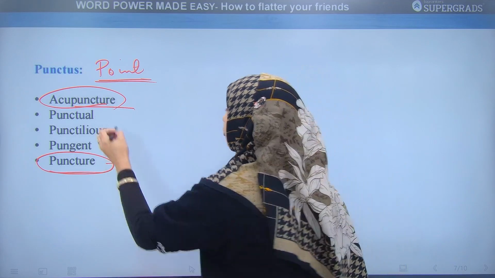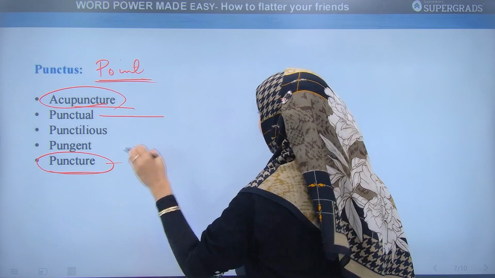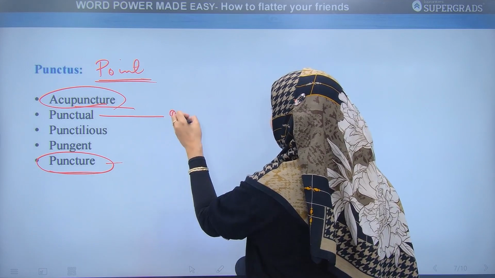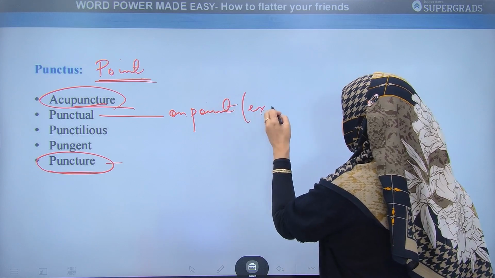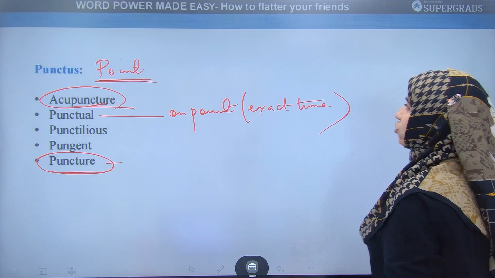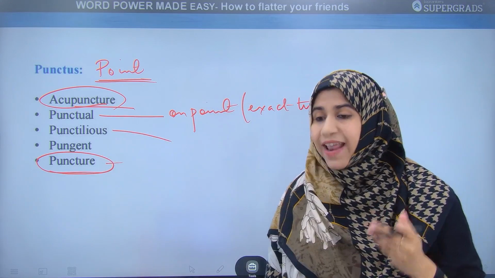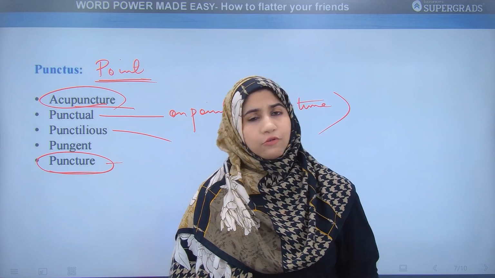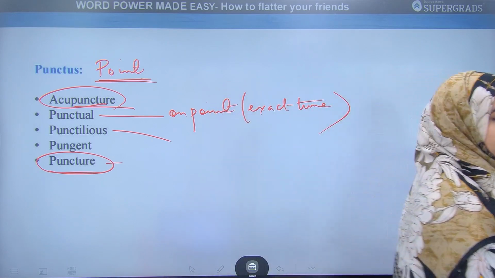Fine. When you're punctual, you are just on the right time. एकदम on point होते हो आप. You are exact, you're on exact time. Punctual. When you're punctilious, very nice word, not commonly known to students, right? What is punctilious?